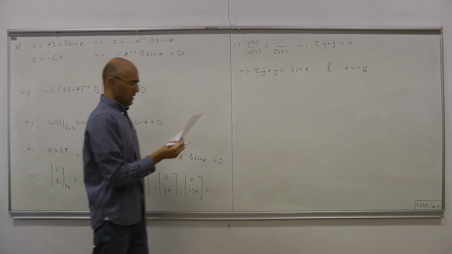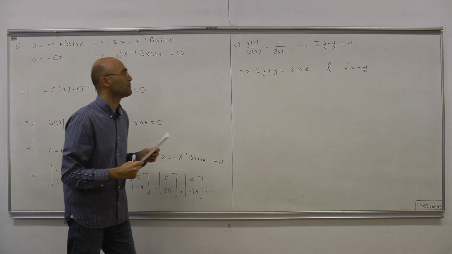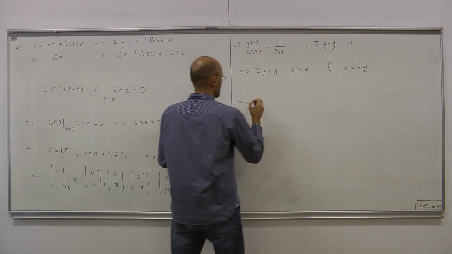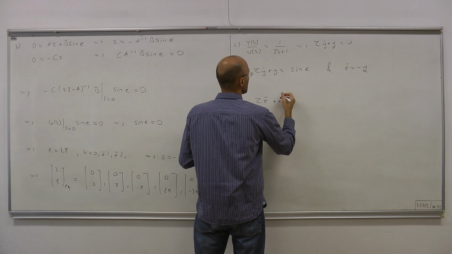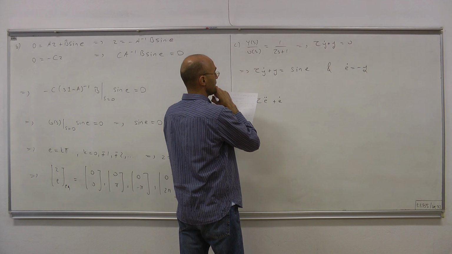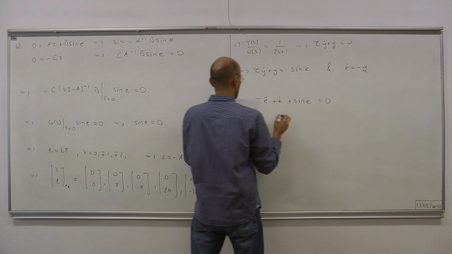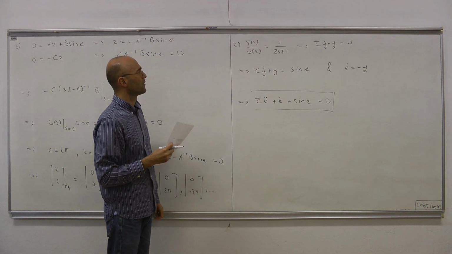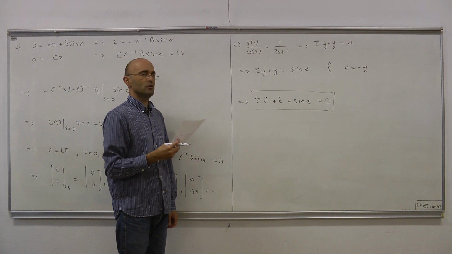And then if you replace this y with minus E dot, what we obtain is the following: tau E double dot plus E dot plus sine E equals 0. And this is the form that we studied for the pendulum equation.